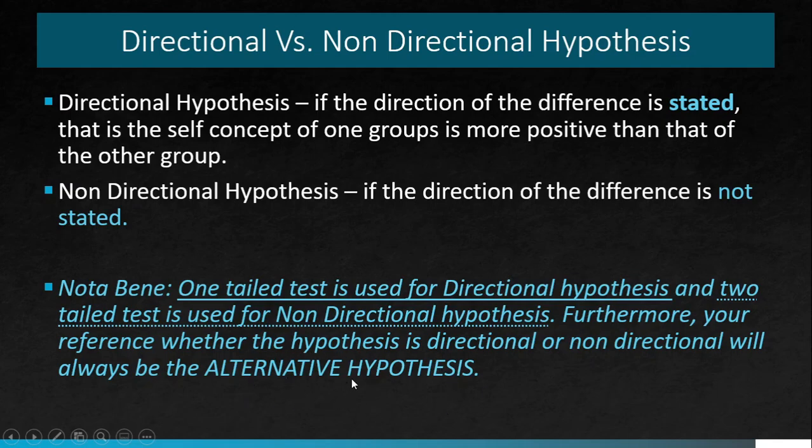So I'll repeat, for you to assess whether you will be using a one-tailed or two-tailed test, you will look at your alternative hypothesis. You will assess whether it is a directional or non-directional hypothesis. Okay, so that's the definition of your directional and non-directional.